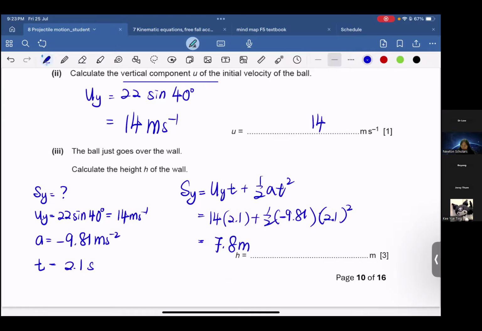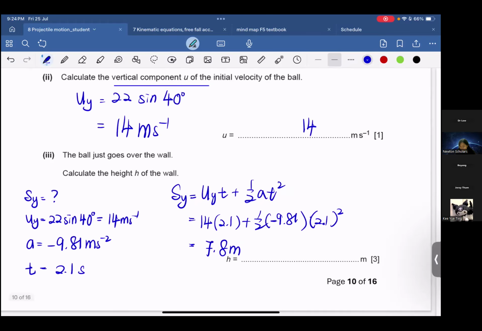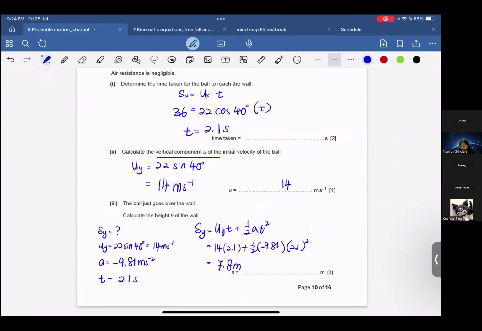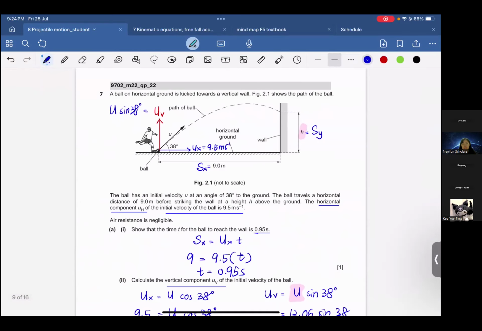You count again, it should be correct. 7.8 meter. Okay? 7.76, yes. Okay, dear, why I say not yet finished, we look at the question here.